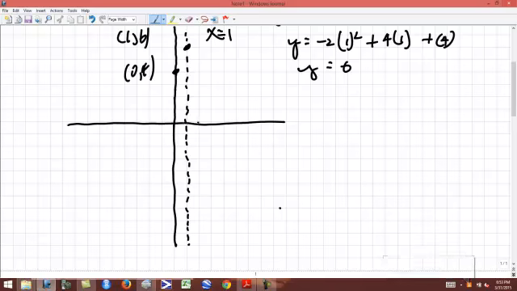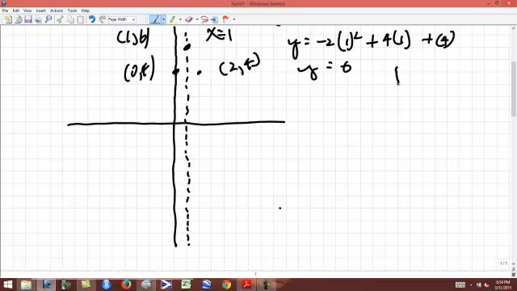So if I go 1 unit to the right and count up 1, 2, 3, 4, then I have the reflection of (0, 4) at (2, 4). Notice that (0, 4) and (2, 4) are each 1 unit away from the axis of symmetry.